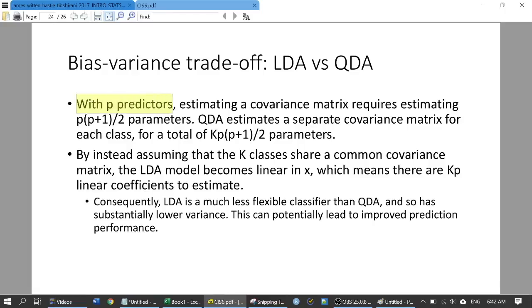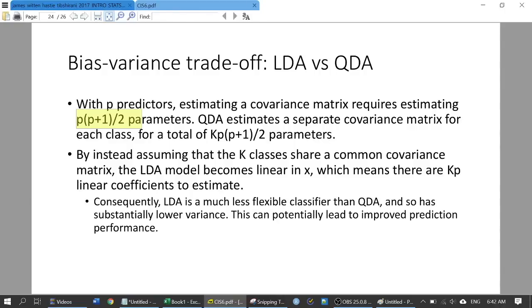With P predictors, estimating a covariance matrix requires estimating P times P plus 1 divided by 2 parameters. And the QDA estimates a separate covariance matrix for each class, for a total of K times this number of parameters. So many more estimations need to be done if you use QDA.